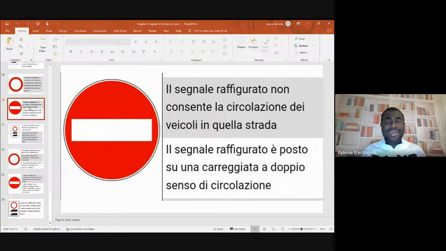Il segnale raffigurato non consente la circolazione dei veicoli in quella strada. Il segnale raffigurato è posto su una carreggiata a doppio senso di circolazione. Vero o falso? We have two questions.